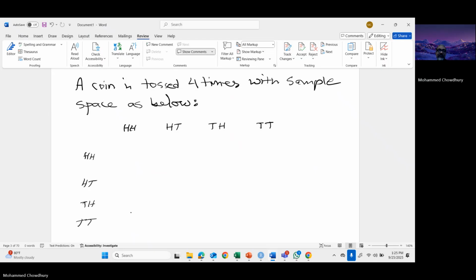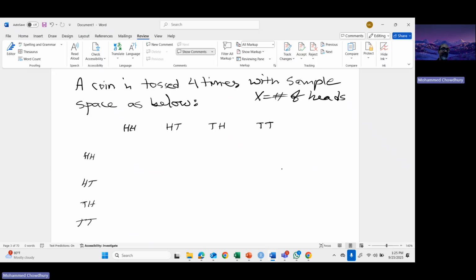Clear, right? So now I am writing here X equal to number of heads.